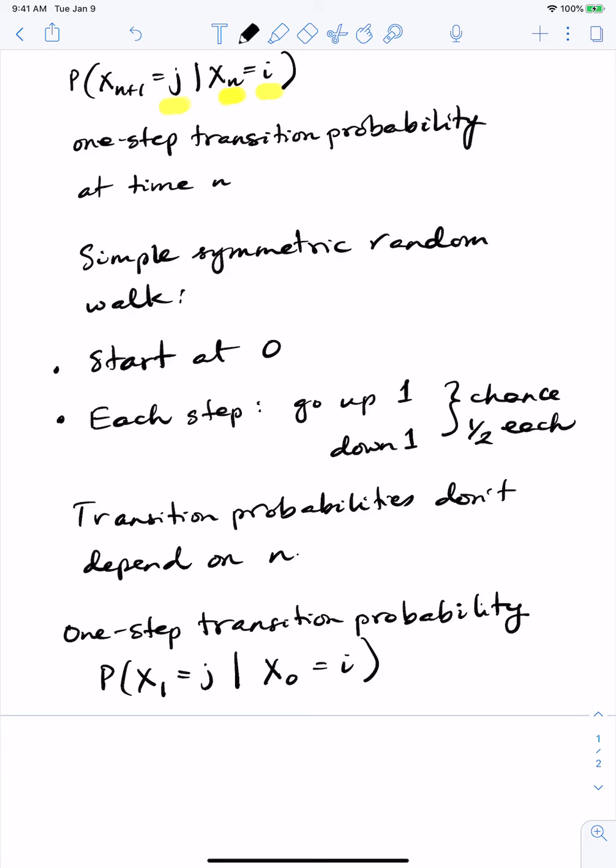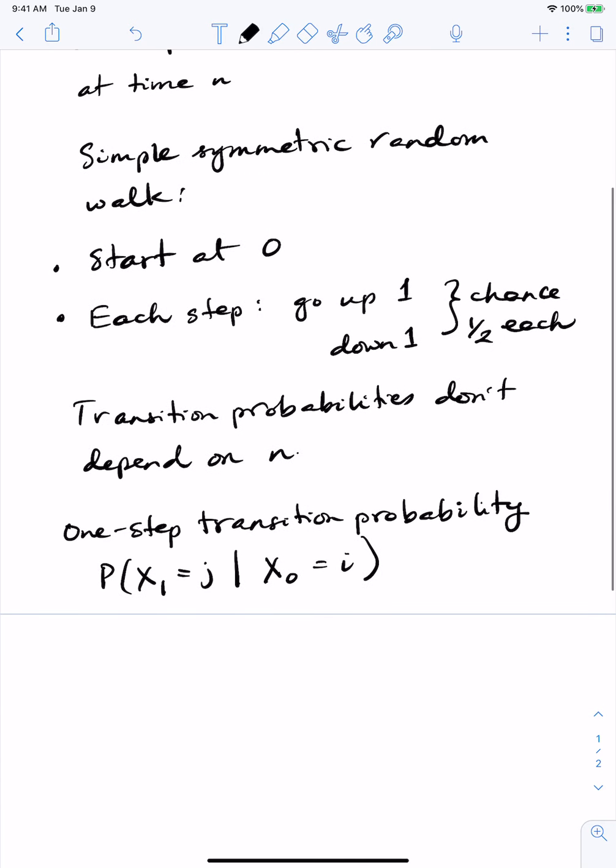And you can start measuring time at any point. And so we will denote this quantity by p(i,j). That is understood to be a conditional probability. Given that you are at i today, what is the chance that you are at j tomorrow?